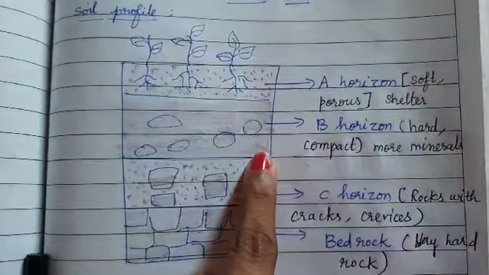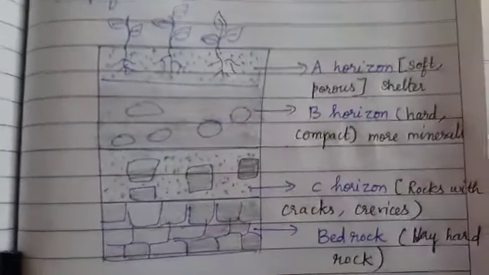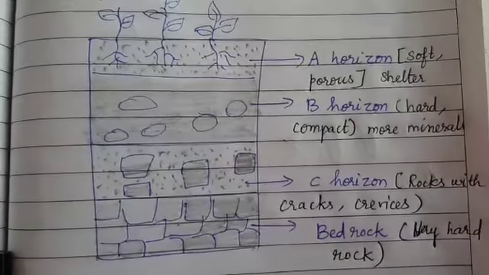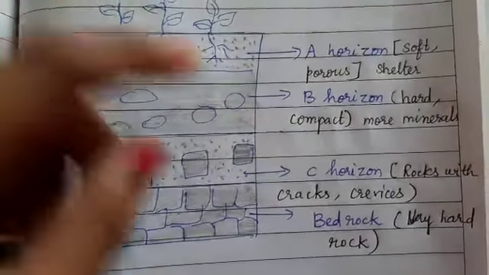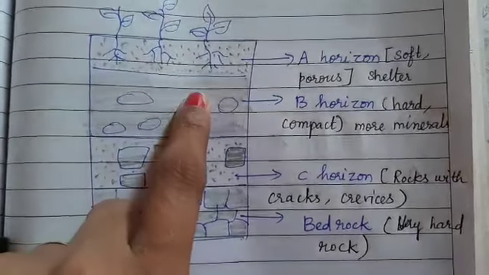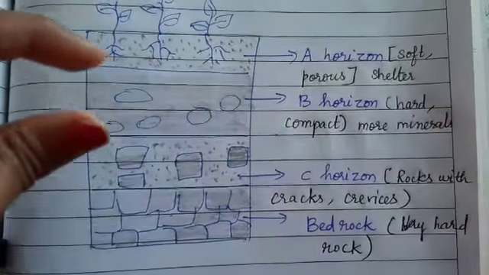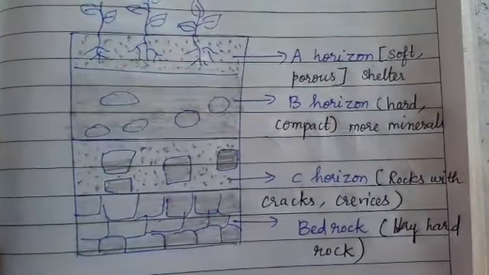Below this A horizon layer, we have the B horizon. This is the middle layer or the second layer. The other names can be middle layer or second layer or B horizon. This layer will be somewhat hard and compact. Compact means tightly packed.